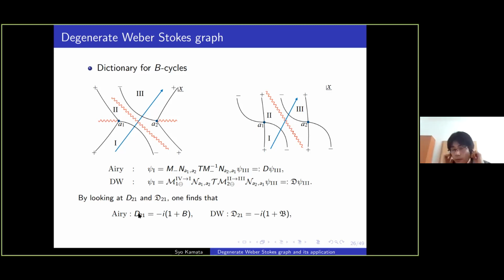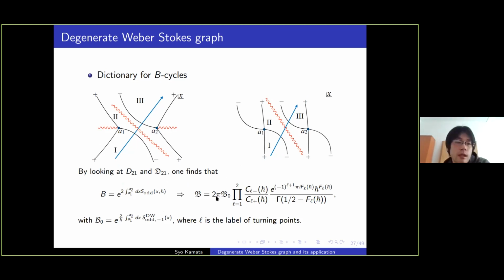Maybe the easiest way is to look at D21, which depends only on this B cycle.